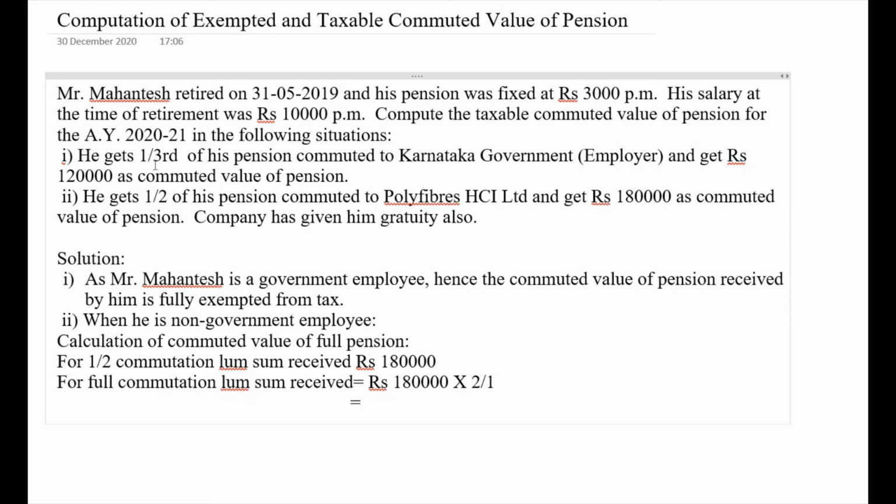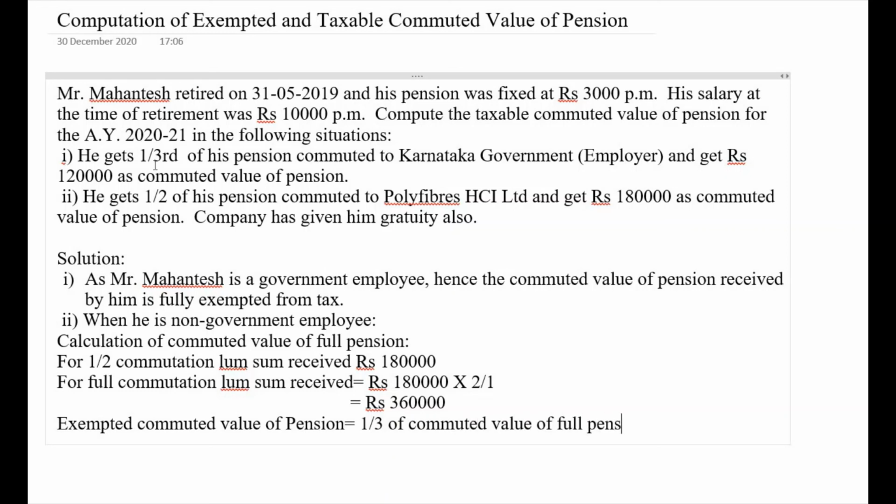So rupees 3,60,000. In the problem it is given that the company has given him gratuity also. So exempted commuted value of pension equals 1/3 of the commuted value of full pension.